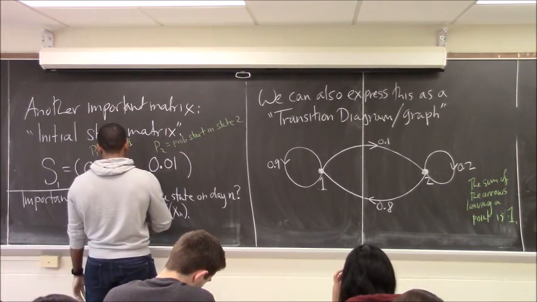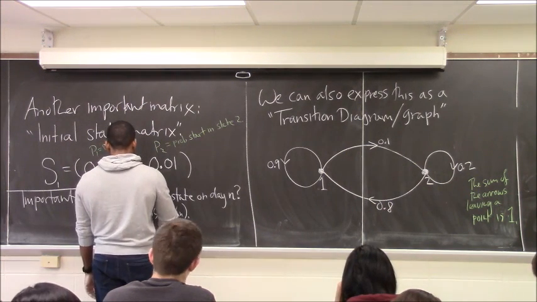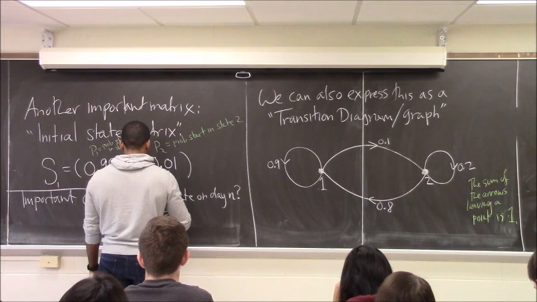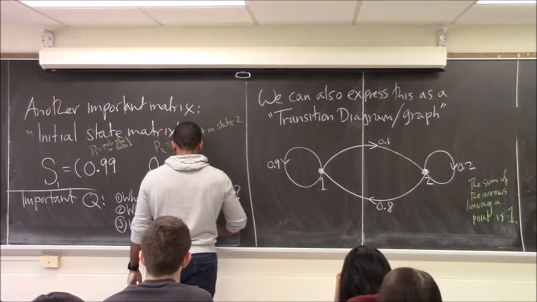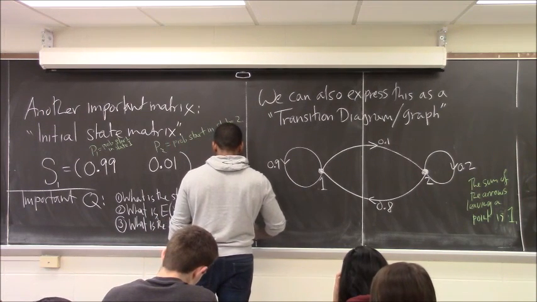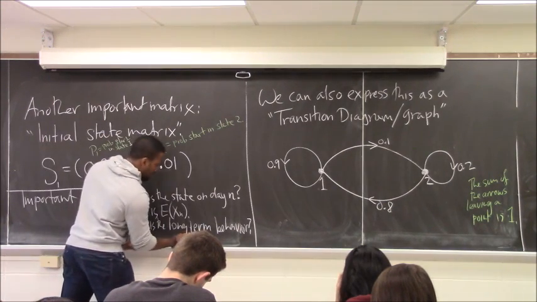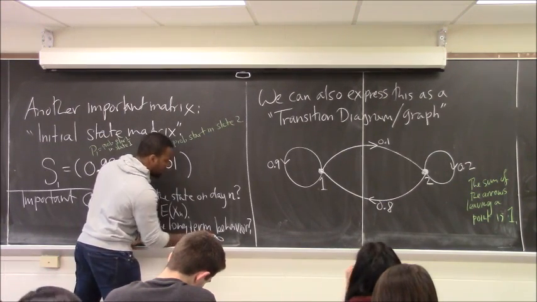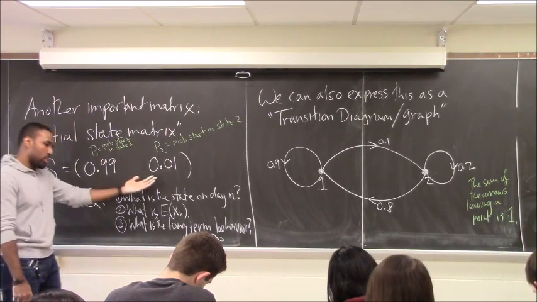Another thing we can talk about is what is the long-term behavior? Meaning, as your time n is going off to infinity, for the foreseeable future, what do you think our situation is going to be?